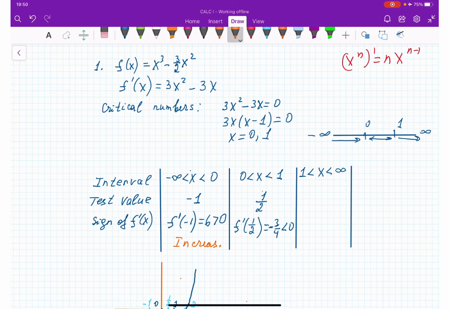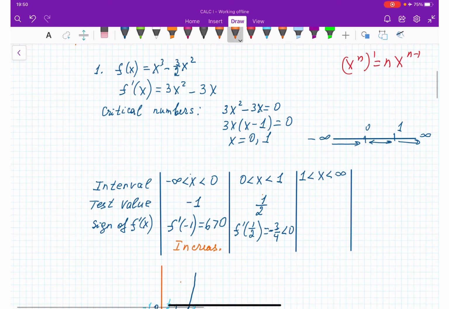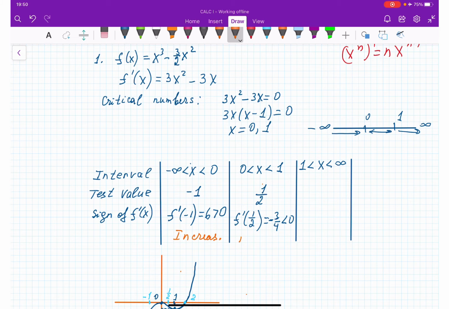Which means, based on this rule, it's going to be decreasing, right? So we have decreasing here.